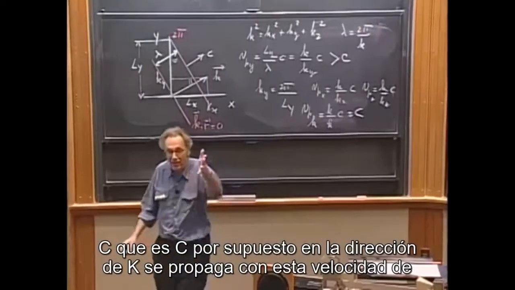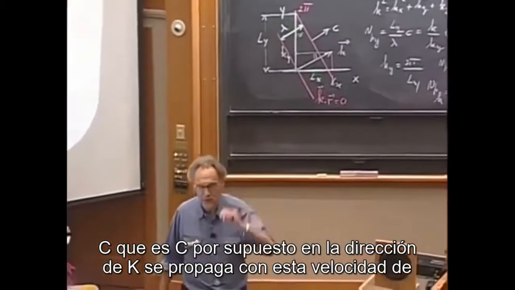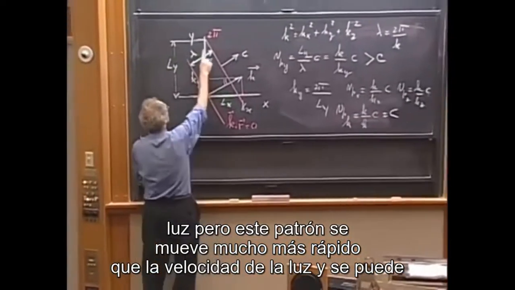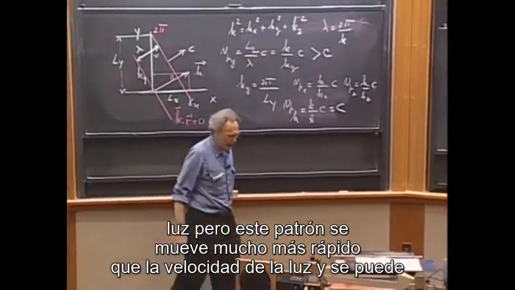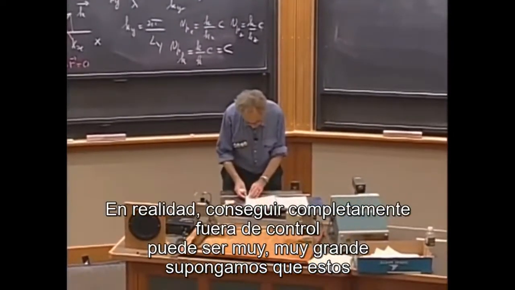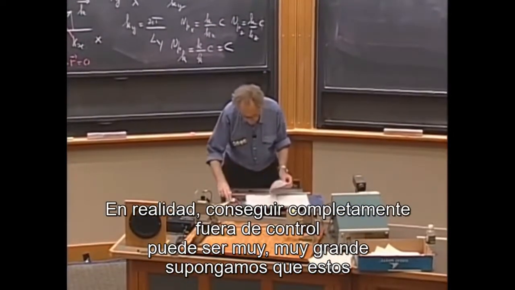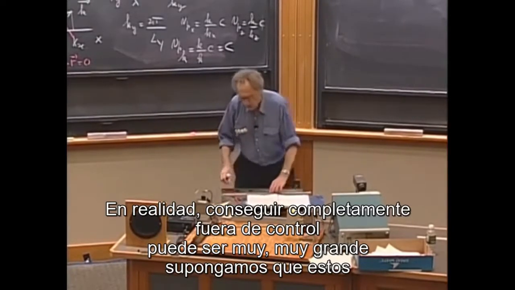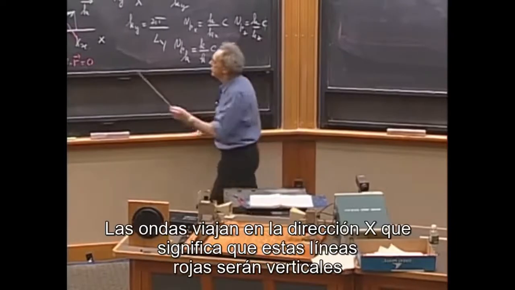That is k divided by k times c, that is c. Of course, in the direction of k, it propagates with the speed of light. But this pattern moves way faster than the speed of light, and it can actually get completely out of hand. It can be very, very large.